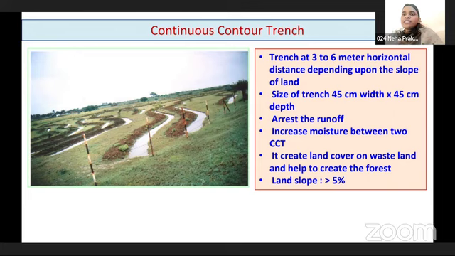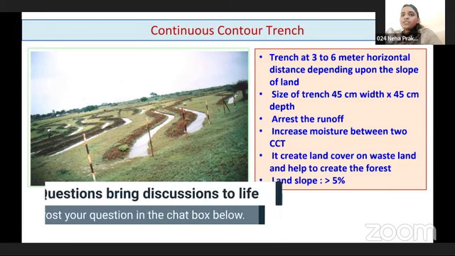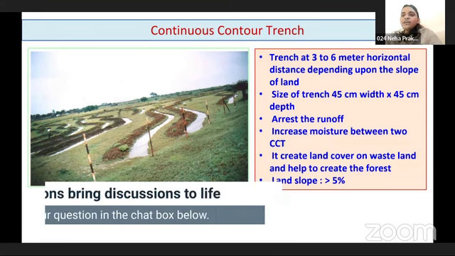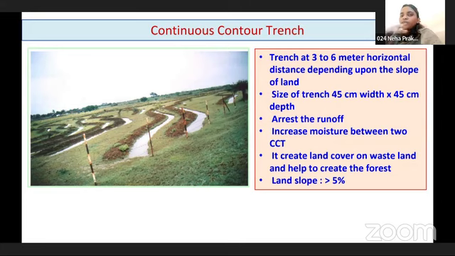Here the trenches are at a 3 to 6 meter horizontal distance depending upon the slope of the land, and the size of the trenches should be 45 centimeters in width and 45 centimeters in depth. When applied in our field, this type of trench will capture the runoff water and arrest our soil from the runoff. So this is one of the most important technologies.